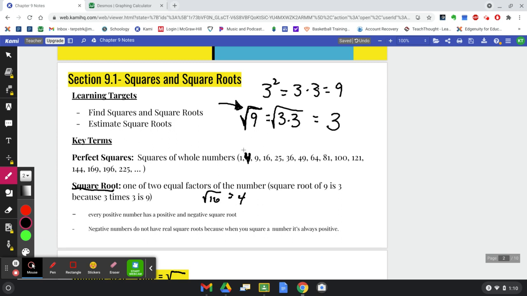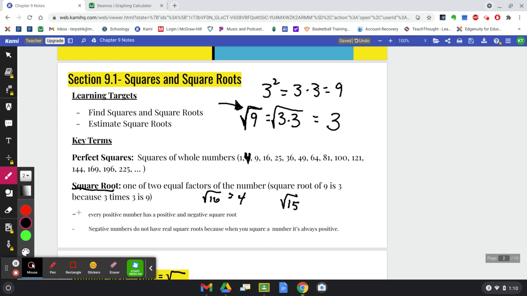Now, we look at the perfect roots to help us understand, but I can find what the square root of 15 is, what times itself is 15, and I can use my calculator to do that. I know it's going to be a little bit less than 4 because the square root of 16 is 4, and the square root of 15 is smaller than that. So it's probably going to be 3.9 something.